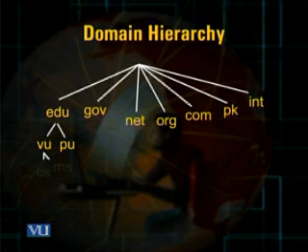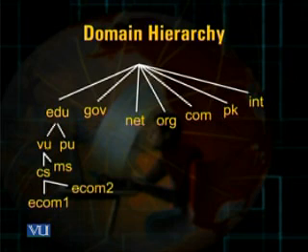VU then becomes another node. It can generate 2 more branches. One is CS and the other is MS or management science. And then the node CS is further split into 2 branches. One is Ecom 1 and the other Ecom 2. Ecom 1 here refers to a web server machine and Ecom 2 also refers to a web server machine.